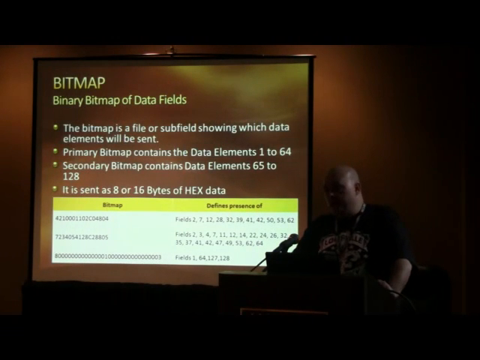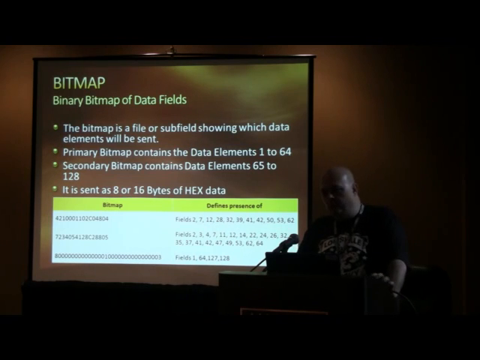So then we get into the bitmap. And the bitmap was really, we'll say, a fun piece to tear apart. Because as I said before, the bitmap is a field or subfield showing which data elements are going to be sent. Now, you can have up to 3 bitmap strings.